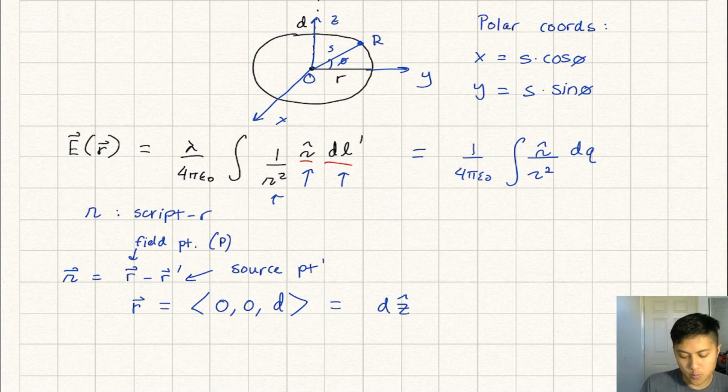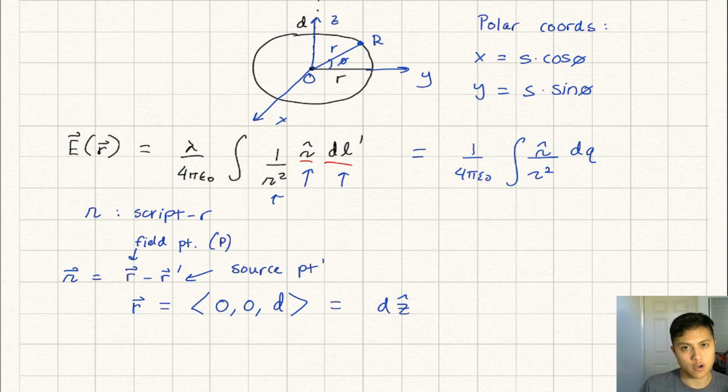The easy way to do that is to go into polar coordinates, because in polar coordinates, at least in Griffiths' book, x is equal to s times cosine of phi, where s is the length from the origin. In this case, s is just r, the radius of that loop.